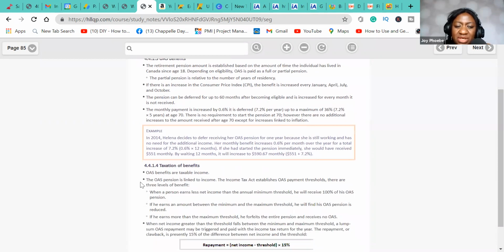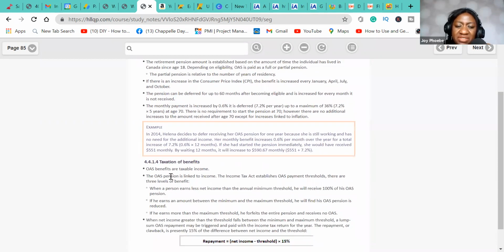Taxation of benefit. OAS benefits are taxable income. The pension is linked to income, and the Income Tax Act establishes the OAS payment threshold. There are levels of benefits, 100%, and all that.